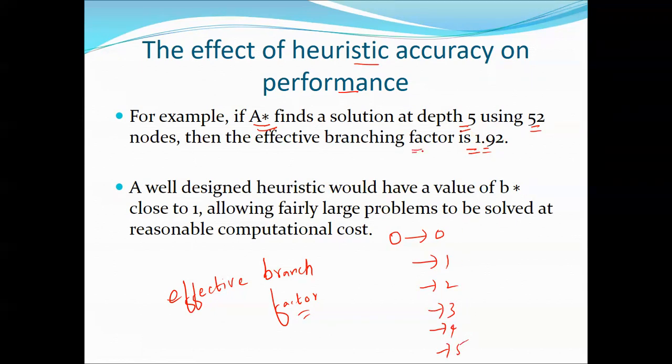So how to calculate it: if the algorithm has n nodes, n to the power of 1 by d, where d is the depth, will give the effective branching factor, not the branching factor. Branching factor is the maximum number of children a node can have, whereas effective branching factor is calculated like this: n, the total number of nodes generated, to the power of 1 by d.